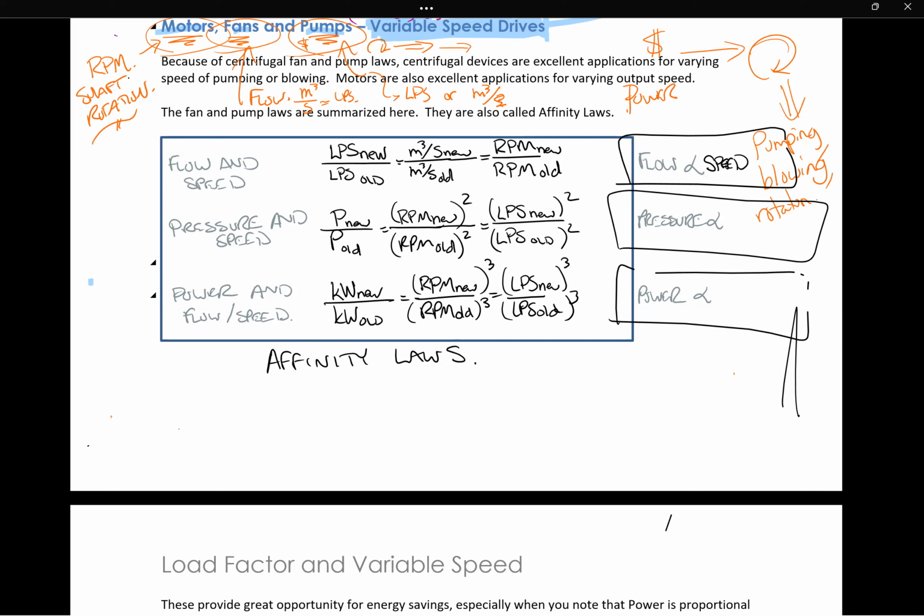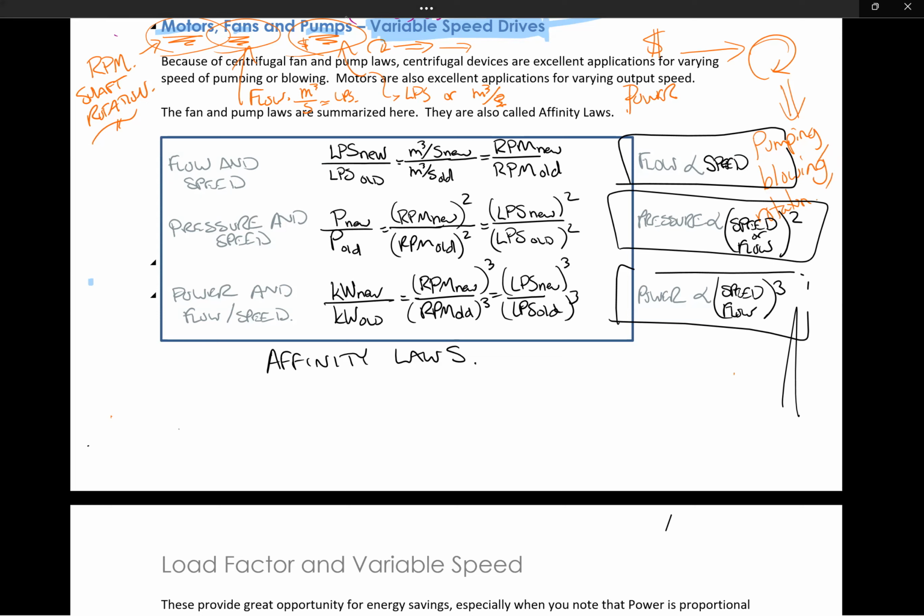If we vary the speed or flow, it has a squared relationship to pressure. If we vary the speed or flow, it has a cubed relationship to power.